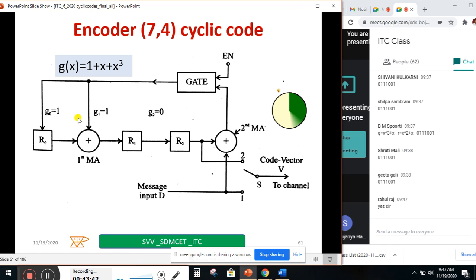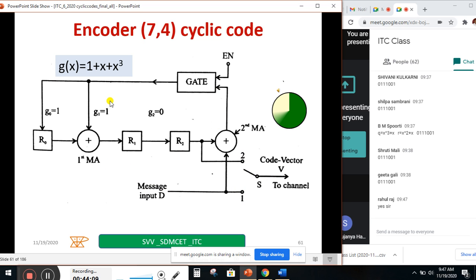This side we are going to give the inputs, a zeros and ones combination, and the beginning switch is like a rotary switch. I am connecting the beginning to this position 1. Later I'll connect to position 2, so that I'll get the parity bits. In the beginning I'll get the data bits. So copy down this.